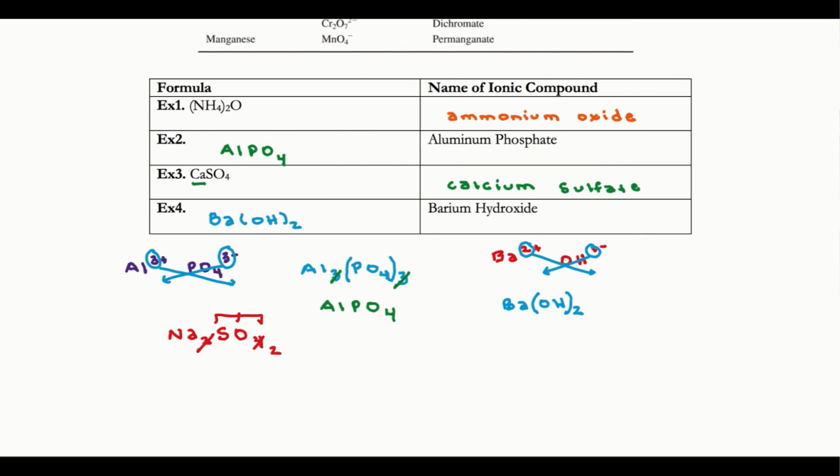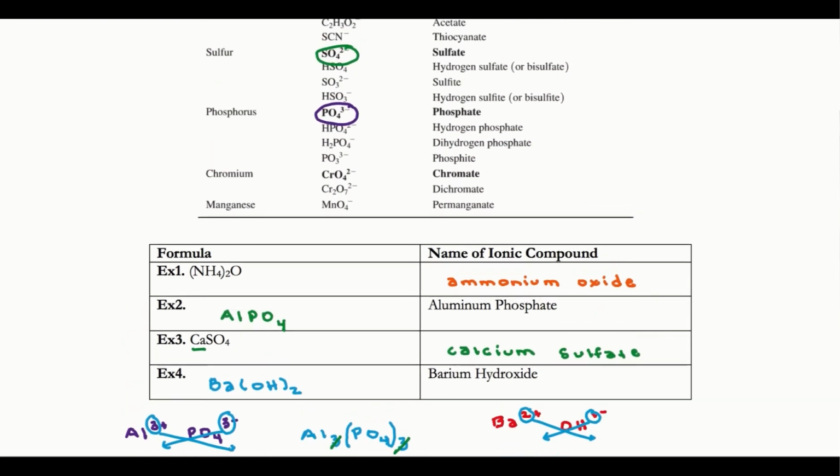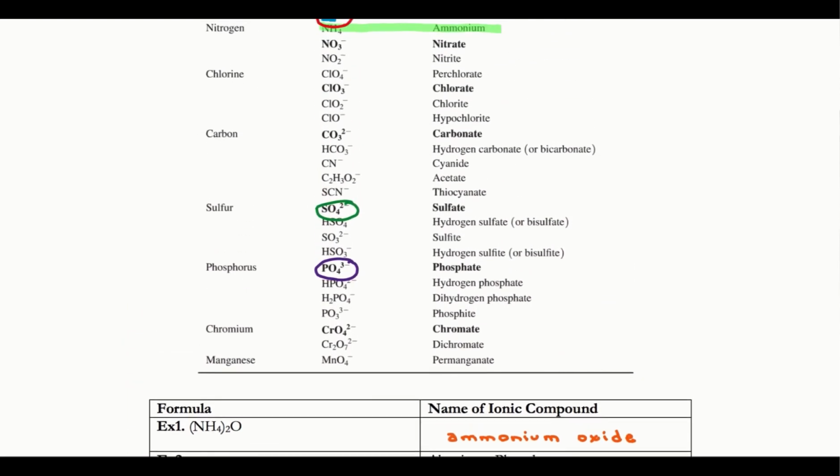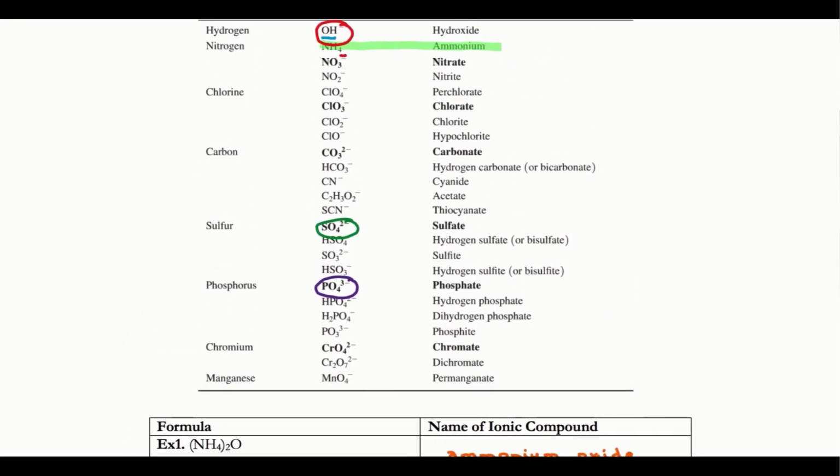Hydroxide stays OH no matter what. You cannot manipulate any of these subscripts and change them for your own convenience. They need to exist as they are. As soon as you get rid of the 4 from ClO4- for perchlorate, for example, you've completely changed the molecule. So as you're practicing, make sure that you keep your polyatomics written as they are given to you on your table.